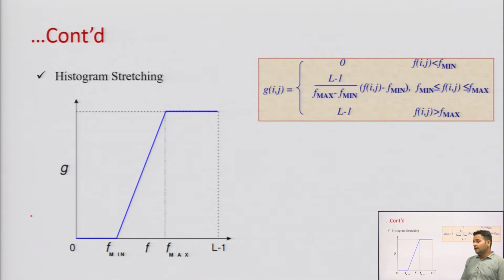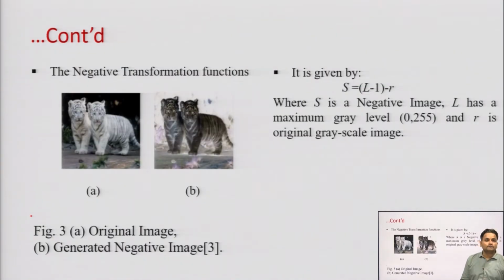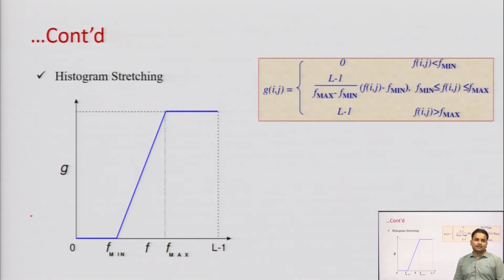Okay. And if f of i j is greater than f of maximum, then it has to be L minus 1. Okay. And you can also observe here that L minus 1 is also useful to find the negative image for one particular original image. Okay. So, that L minus 1 is actually satisfied at the third condition here.